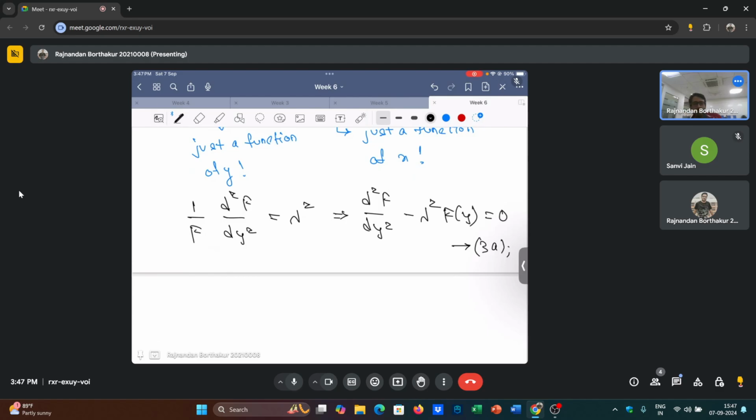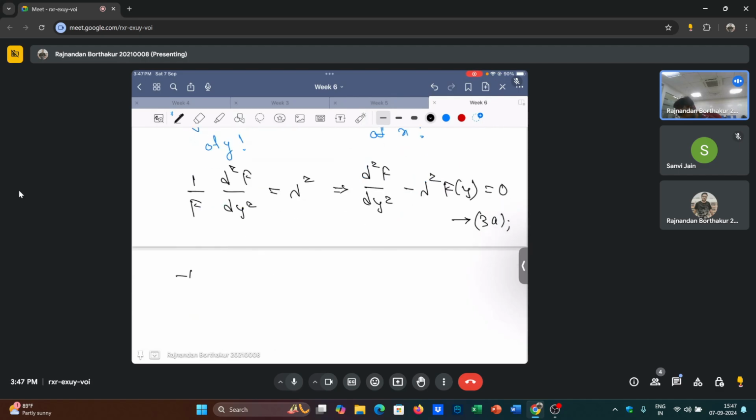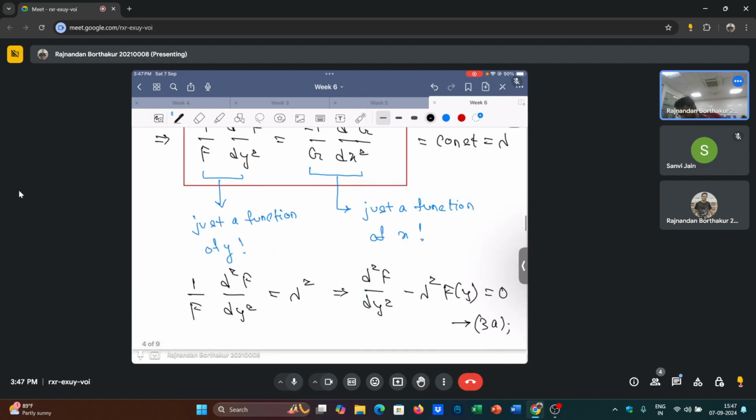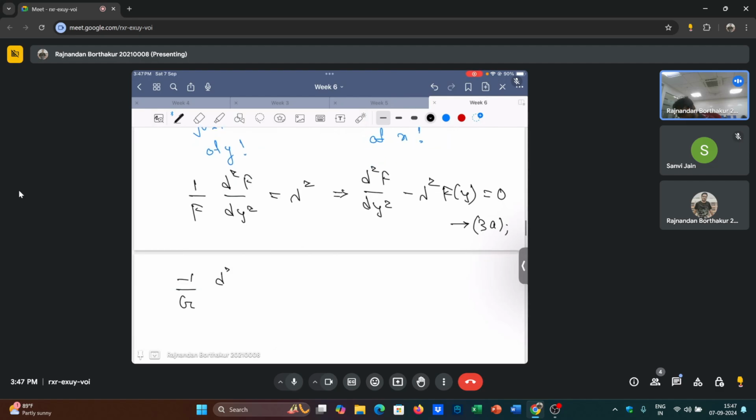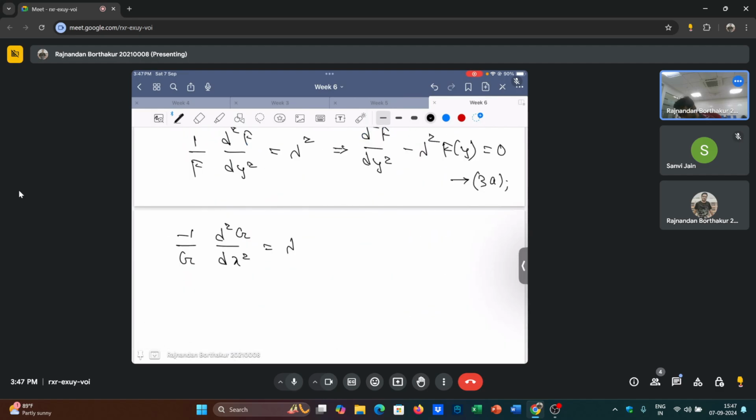Similarly, if you find the other ODE in terms of g of x, it will look like 1 by g times d2g by dx2 equal to lambda square, which means this can be written as d2g by dx2 plus lambda square g of x equal to 0.